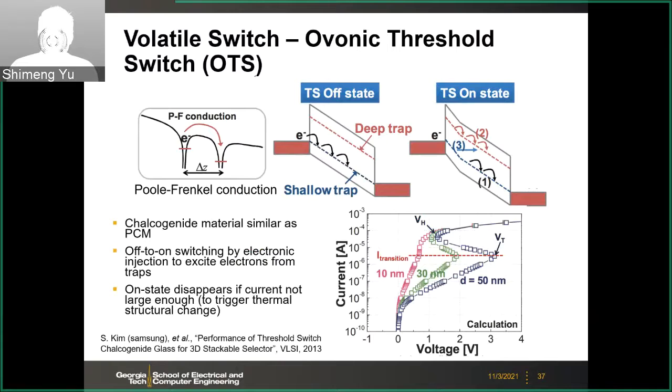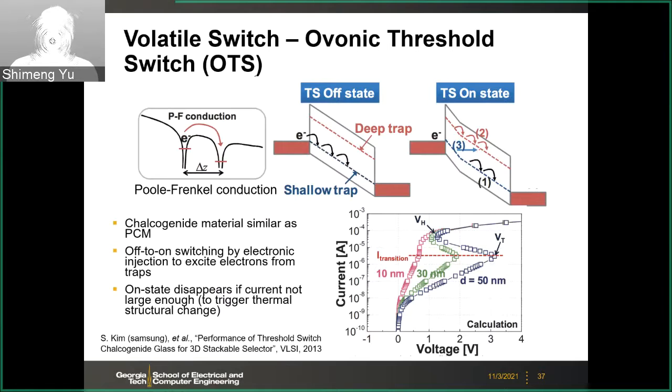And the other mechanism for the threshold switching is called OTS, Ovonic threshold switch. This one is similar to a phase change memory, but without the phase change. Here the hypothesis is that in the off state, you have those electrons trapped, and in the on state, the electrons are detrapped.